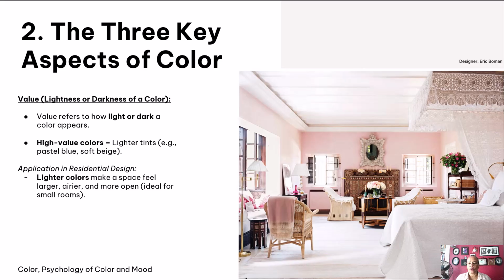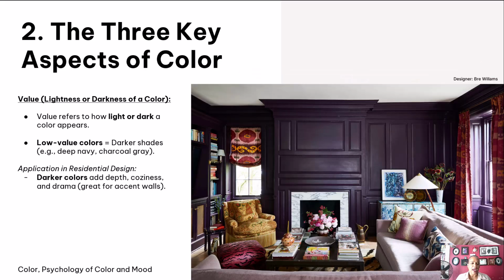So high value colors are colors that are very light in value, and low value colors are colors that are darker in hue. So we can change the value by adding white or black, making tints or shades.